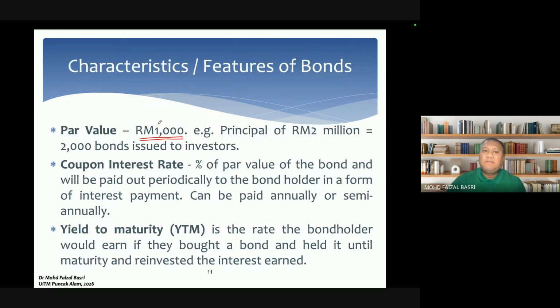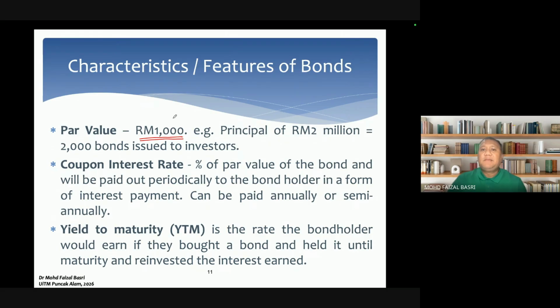Bear in mind that although the par value is 1,000, the market price of the bond can fluctuate. The price can be more than RM1,000 or less than RM1,000. Throughout the period, the price can start below 1,000, then go up, go down, whatever. But when it matures, it will go back to the par value of 1,000.